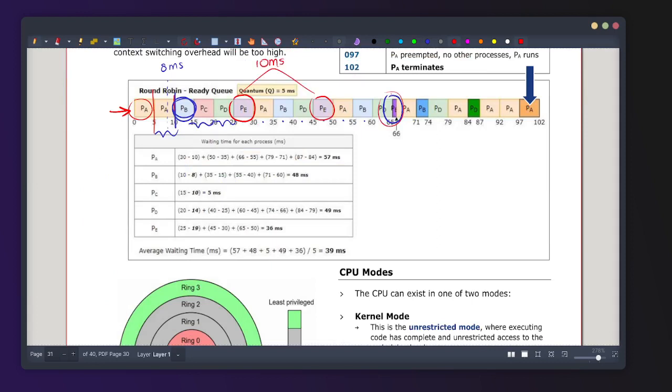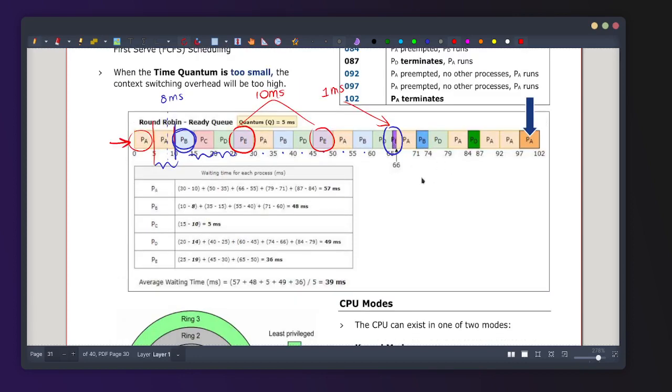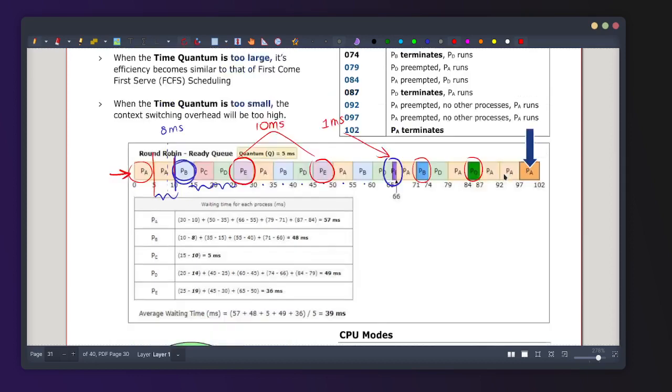So what it needs is just one more millisecond. So even though the time quantum for each process is 5 milliseconds, if a process manages to finish before that, it will be preempted early. And you'll realize that this goes on for every other process as well.